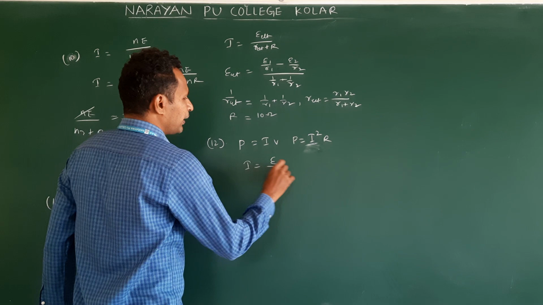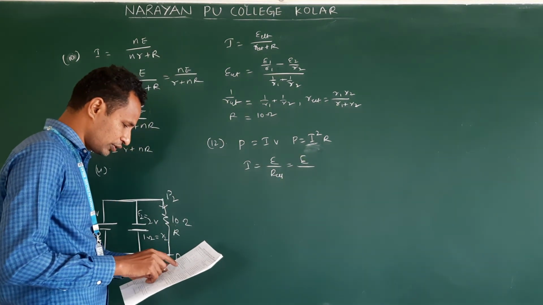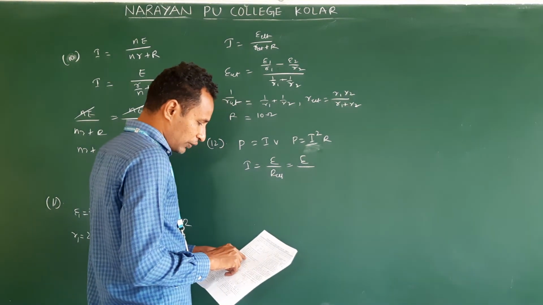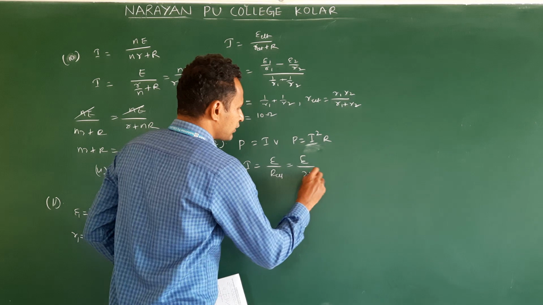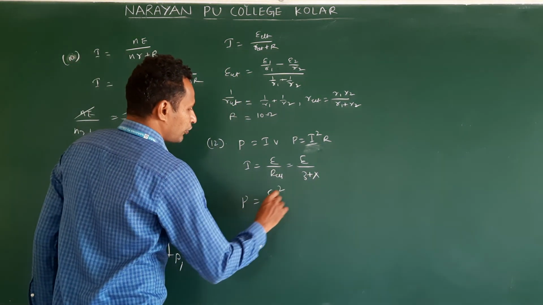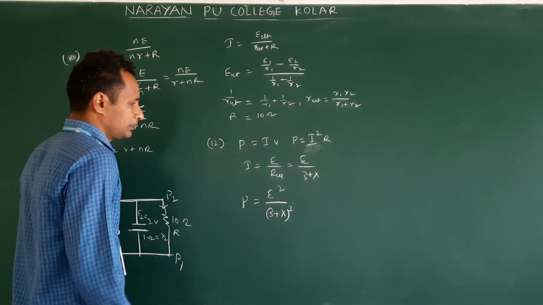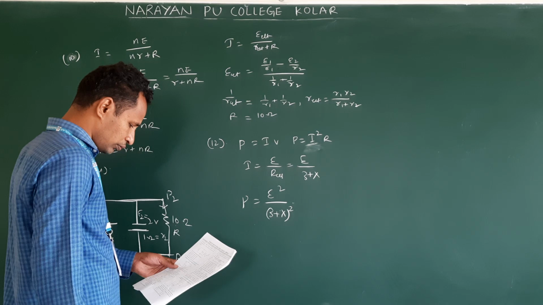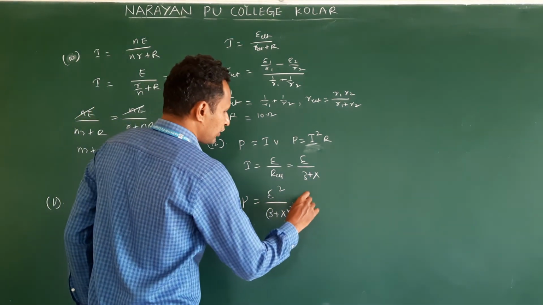I is equal to E by R effective. What is R effective in the circuit? All are in series: 1 plus 2 is 3, so this is 3 plus x. Then power is equal to E square by (3 plus x) whole square, into R. R is what? 3 plus x.